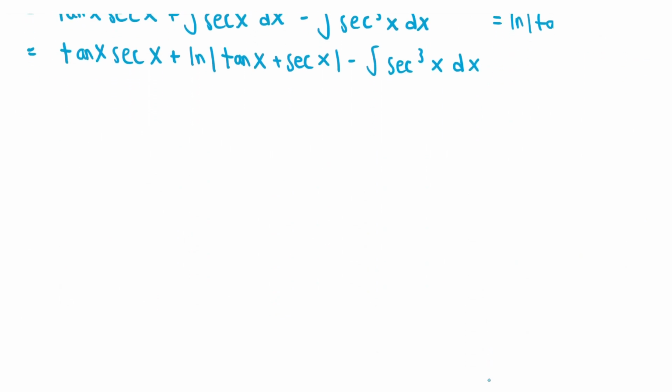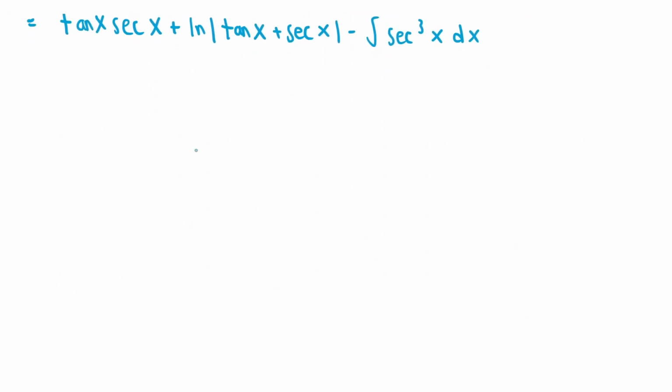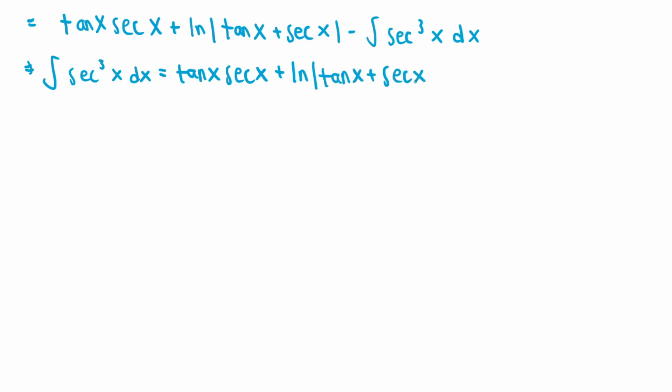This means the two expressions are equivalent, so we can form the equation: the integral of secant cubed of x dx equals tangent x secant of x plus ln of the absolute value of tangent x plus secant of x minus the integral of secant cubed of x dx.